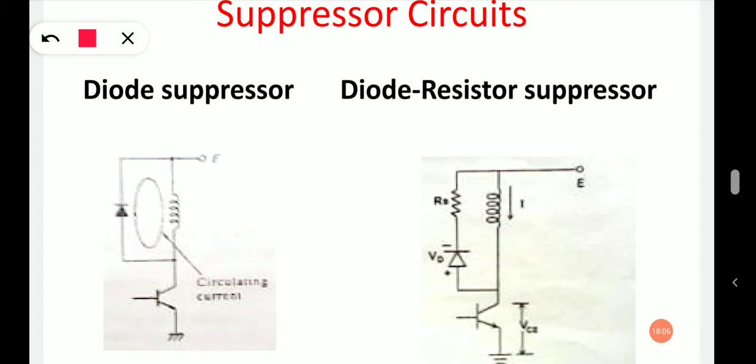A resistor is connected in series with a diode. Here you can see the resistor is connected in series with the diode to damp the circulating current quickly.